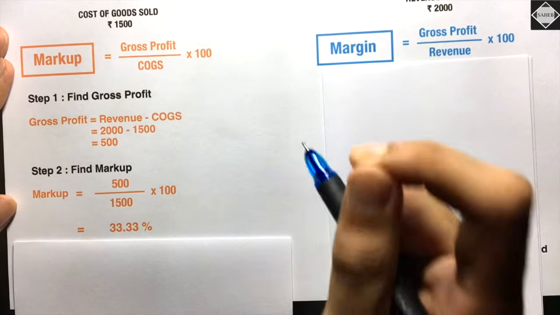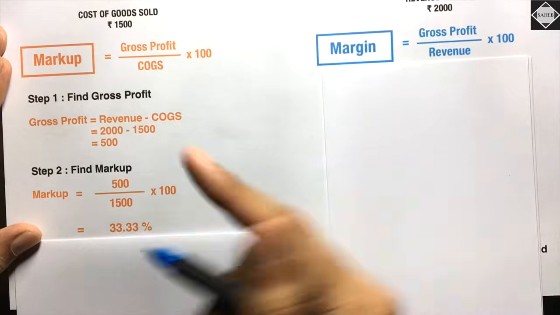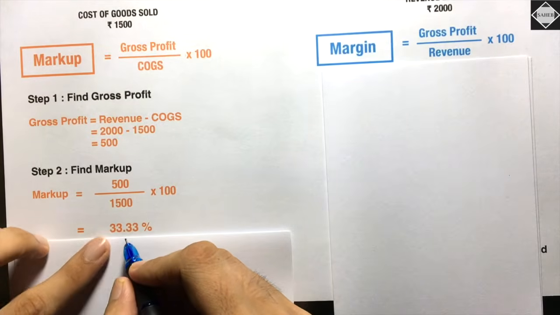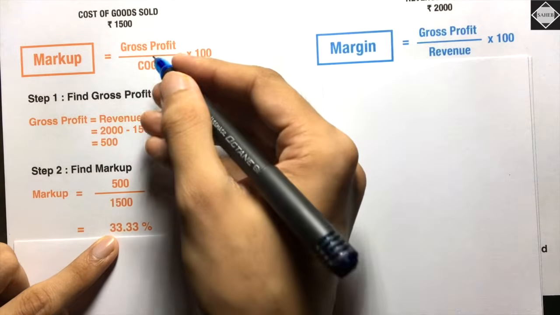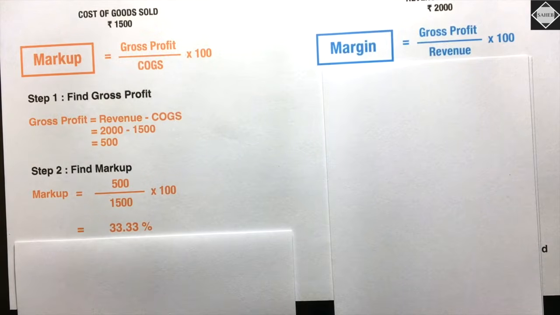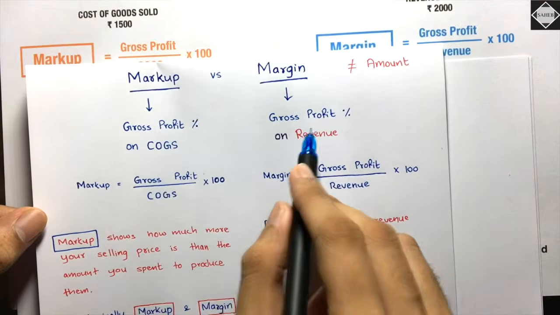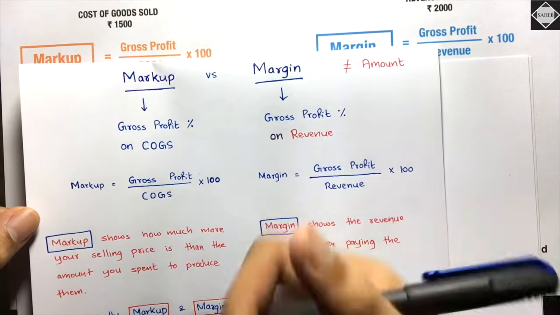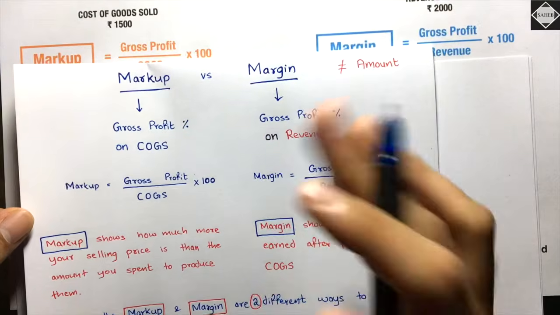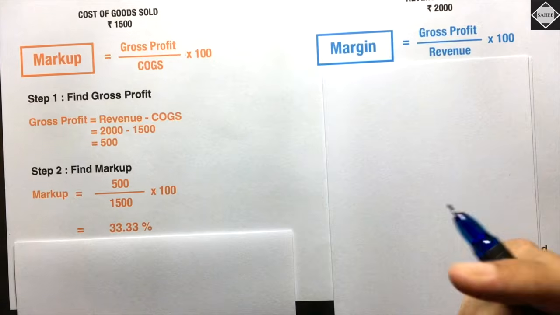Now let's understand, how can we use this markup? We can use this markup to calculate the gross profit. I told you while explaining the concept of markup and margin that these are gross profit percentages. You can use them to calculate gross profit. How?